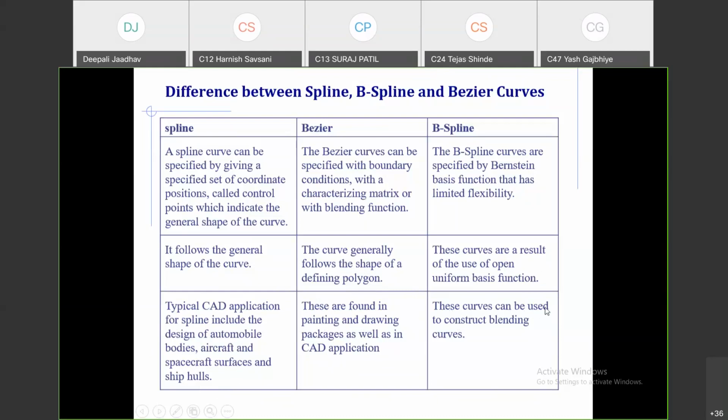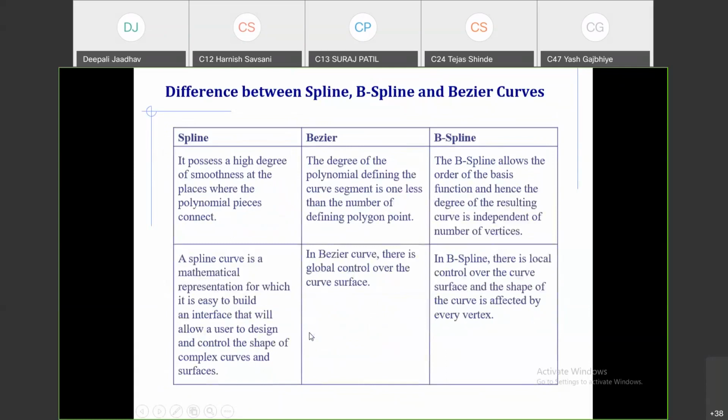These curves can be used to construct blending curves. Then the spline curve possesses a high degree of smoothness at the places where the polynomial pieces connect. I showed you one diagram initially in spline where polynomial pieces are connected. At that position, it gives a high degree of smoothness.